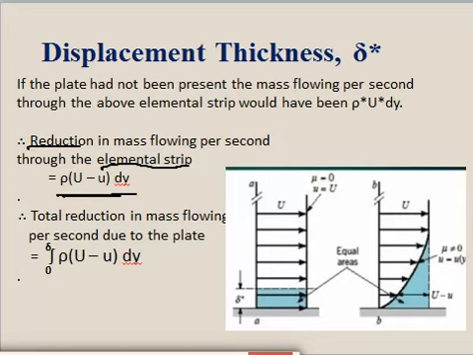Now in order to find the total reduction in mass flow rate, we are going to integrate this entire equation. Our limits will be from 0, because we measure the distance from the surface, and this reduction takes place for the nominal thickness del. So we are going to integrate from 0 to del rho into capital U minus small u into dy. This term represents the total reduction in mass flow rate which is taking place.